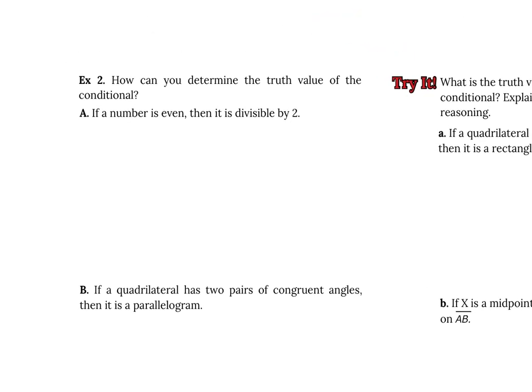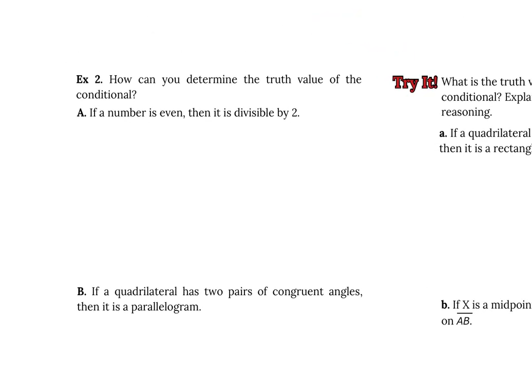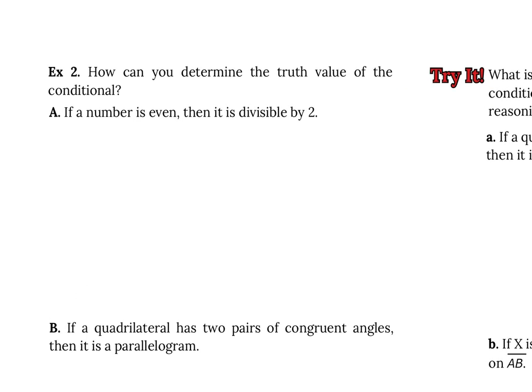All right, my second example here, we're using truth values to see if our conditional is true. Our first statement, if a number is even, then it is divisible by 2. We're trying to see if this is true or false. First we're going to look at the hypothesis portion. If the number is even, then our hypothesis is true.